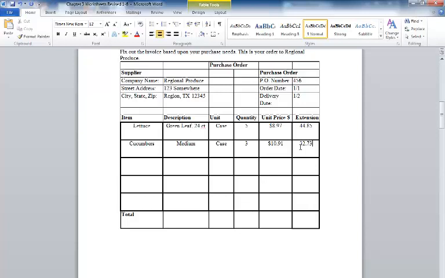At the end of this, I'm going to look if there are any other items I need to order from Regional Produce, and if that's the case, I'll fill that out right under cucumbers. Then at the end, I'm going to take my extended amount totals and add those up so that I come up with a total amount that I'll be ordering from Regional Produce. For this example, the only other item I needed from Regional Produce was pineapples, and it comes to $117.50.